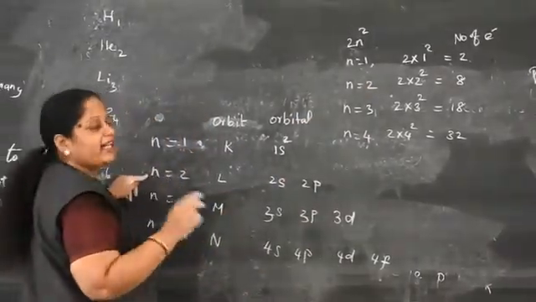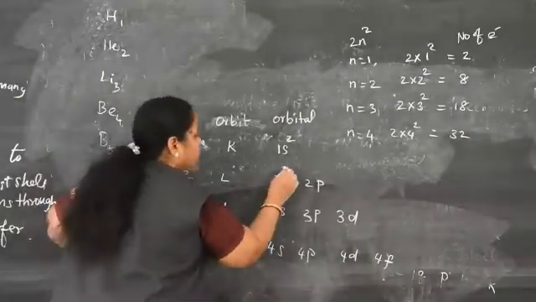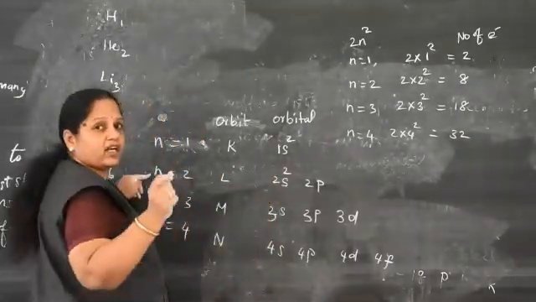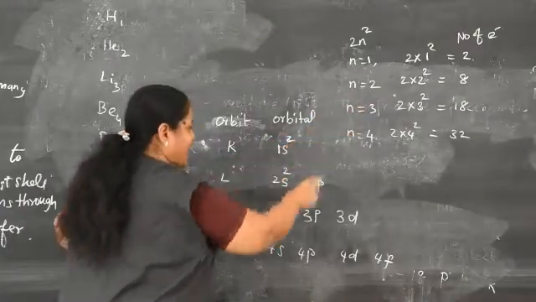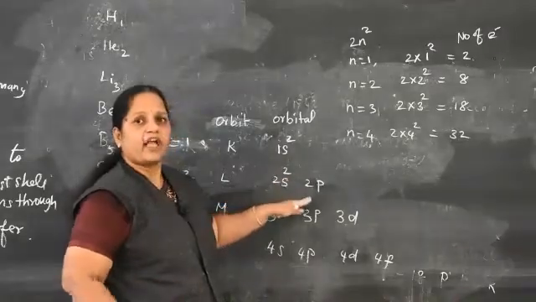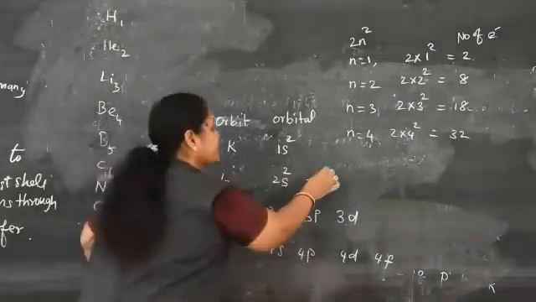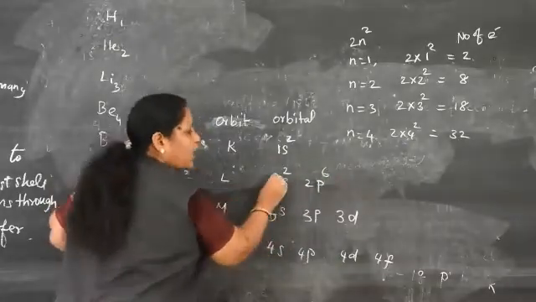Already we know that in the s orbital there are 2 electrons, here also 2 electrons. After filling the s orbital with 2 electrons, the remaining 6 electrons go in p. So in the second shell the maximum is 8 electrons.